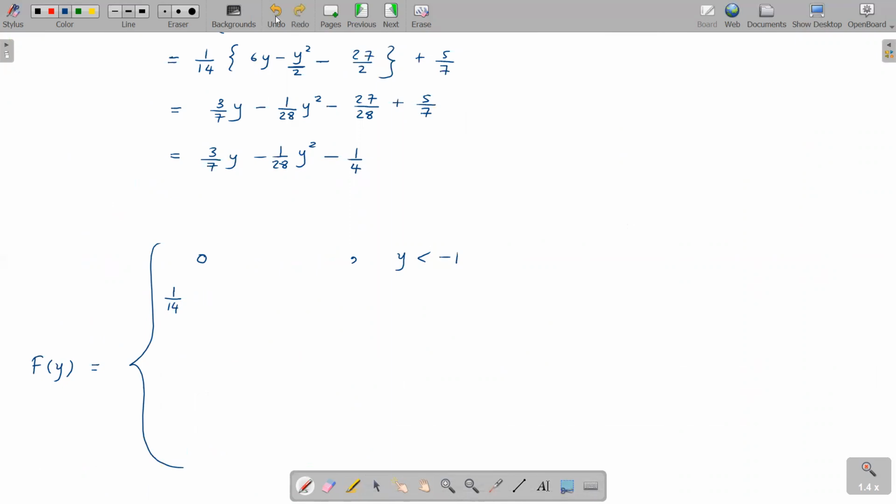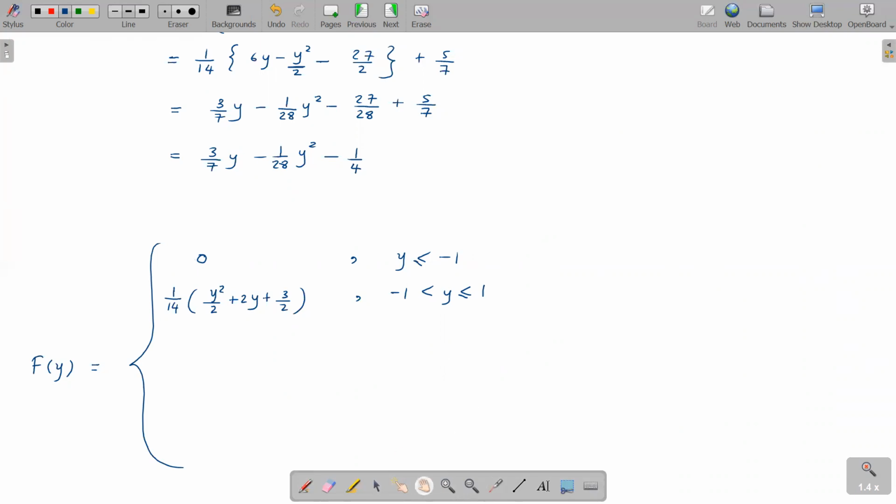Y square over 2 plus 2y. This is defined for y values from where to where? Greater than minus 1, less than or equal to plus 1. So we can say y less than or equal to minus 1 is 0.